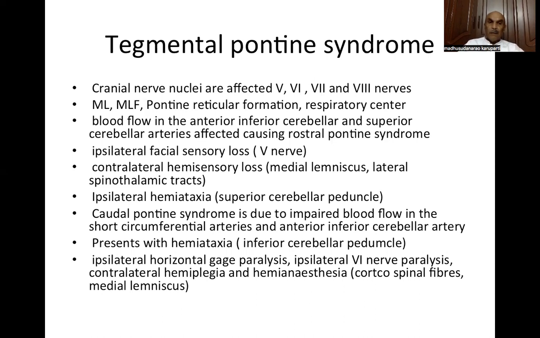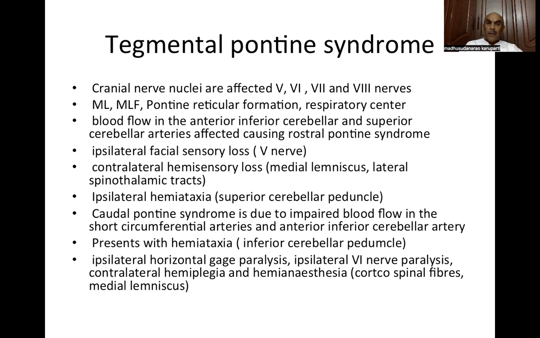If blood flow in the anterior inferior cerebellar and superior cerebellar arteries is affected, it results in rostral pontine syndrome.